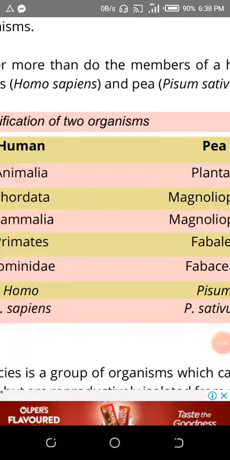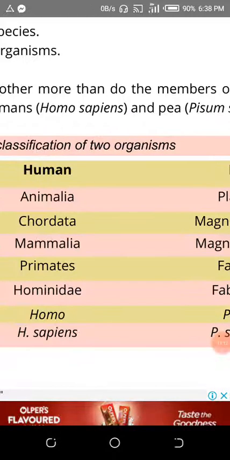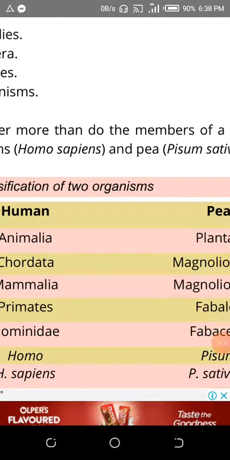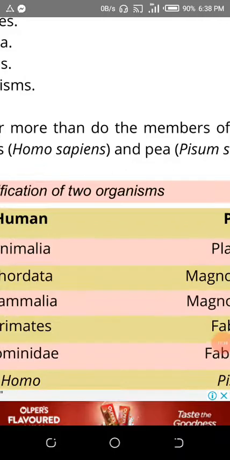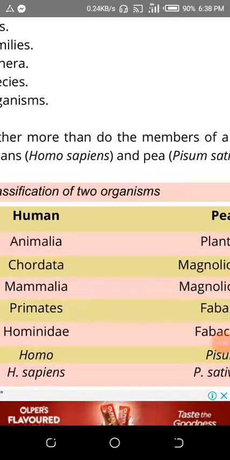Scientific name of the human being is Homo sapiens. Homo sapiens is the biological name of the human being, and Pisum sativum is the biological name of the pea plant. One is a genus, one is a species.